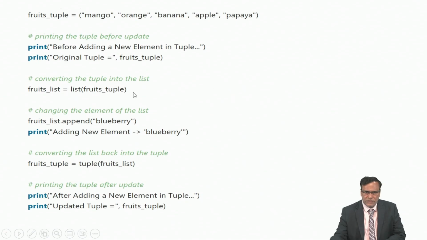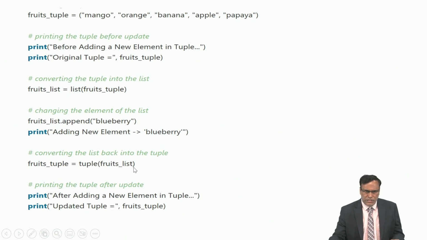Directly, you cannot add an element to the tuple. In a list, you can add using the append function. The element you add is going to be added at the end of the list, as you know. But in a tuple, you cannot add. This is the procedure you are supposed to follow: convert the tuple into a list, add to that list, and then convert that list back into a tuple.